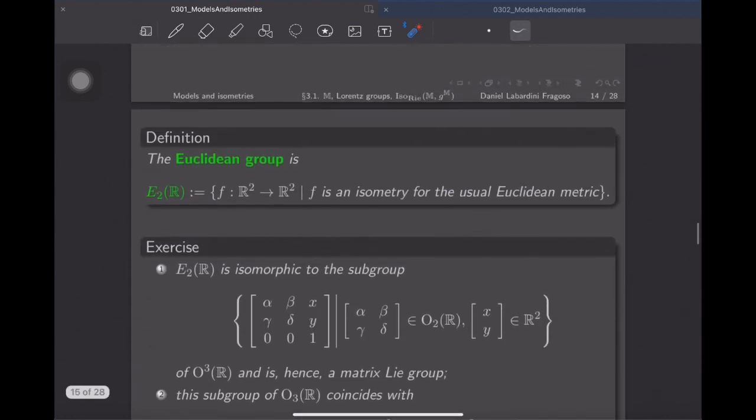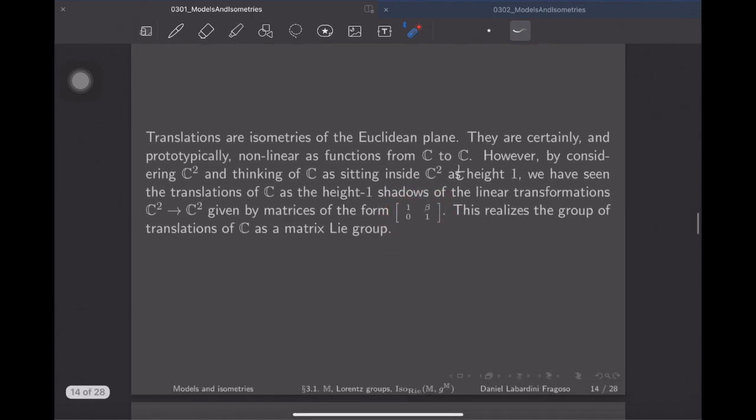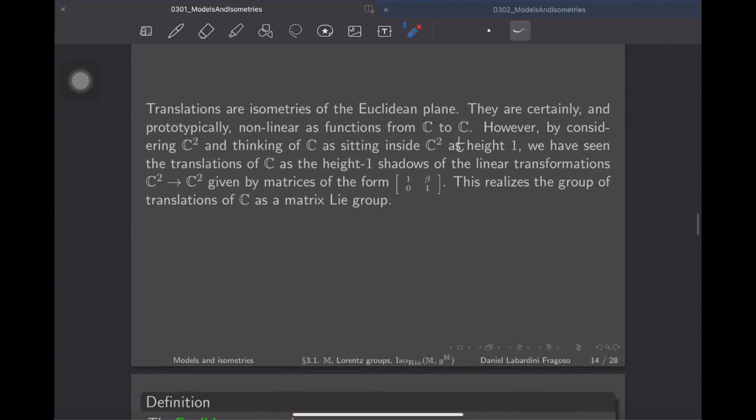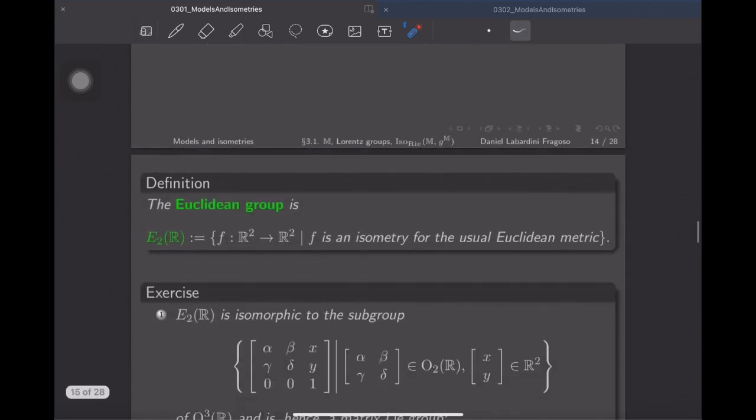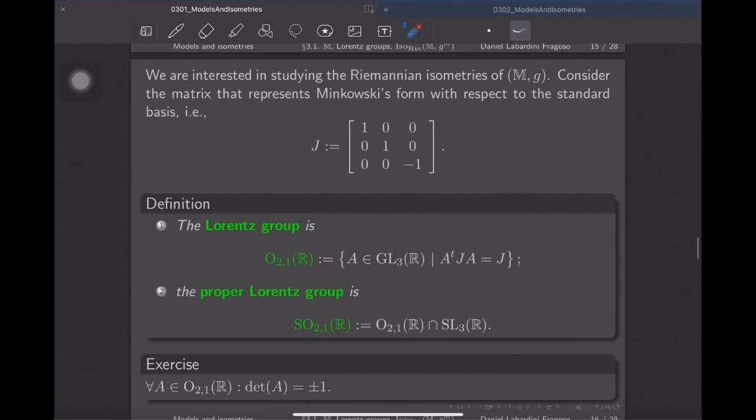Just like we saw the translations of the Euclidean plane as coming from 2 by 2 complex matrices, by seeing our Euclidean plane as sitting inside C2 at height 1. So it's similar. We really consider the hyperboloid sitting in R3.